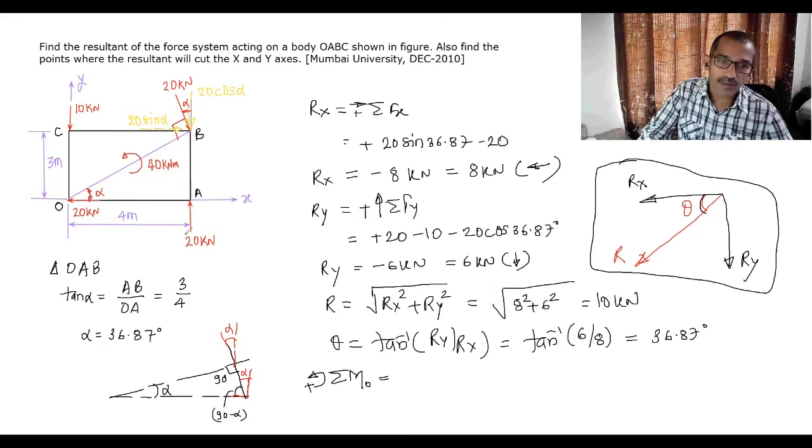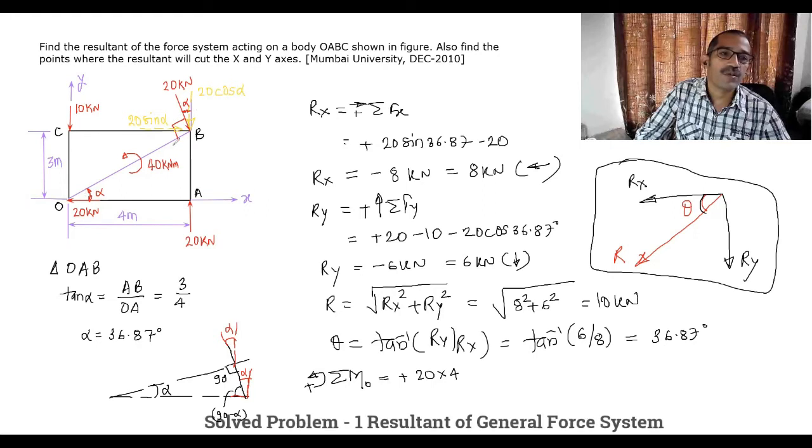Please watch it so that you will not face any difficulty in moments. If you are understanding, then there is no problem, right? So the moment of 20 kilonewton about O is anti-clockwise, that means plus, for 20 the distance is 4, right?